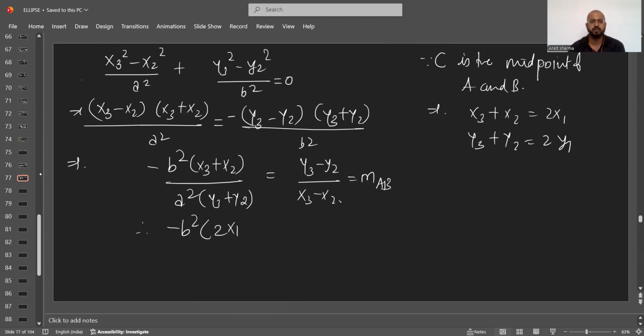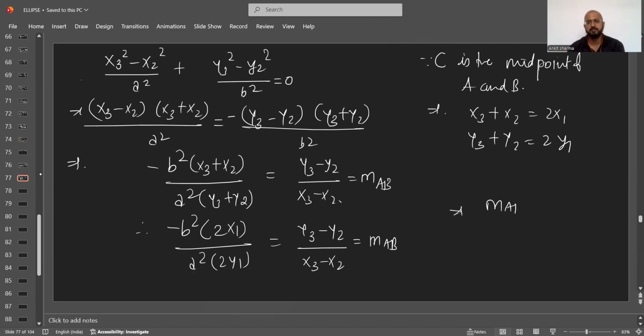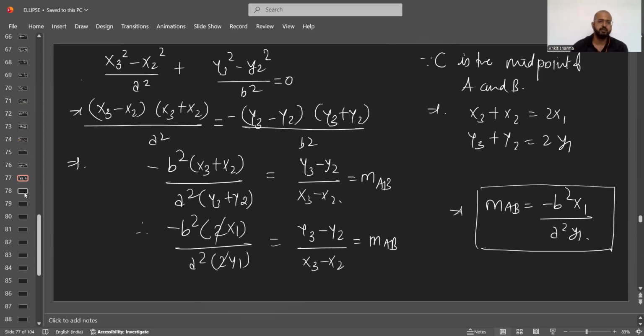This gives me 2x1, and in the denominator 2y1, equal to (y3 minus y2) over (x3 minus x2). So this is the slope. So from here I get the slope m_AB, this 2 gets cancelled, so I get minus b square x1 over a square y1. So this is the slope of the chord AB.